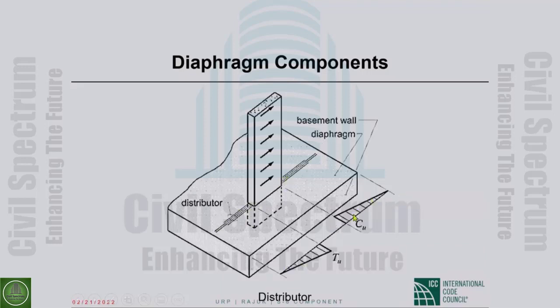This is the opposite of the collector, many times called the distributor, but the same principle. These reinforcing bars are absolutely needed to take the base shear into the diaphragm, and then from the diaphragm it goes to the basement walls where they are resisted.